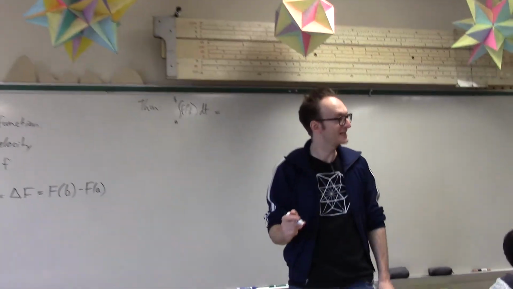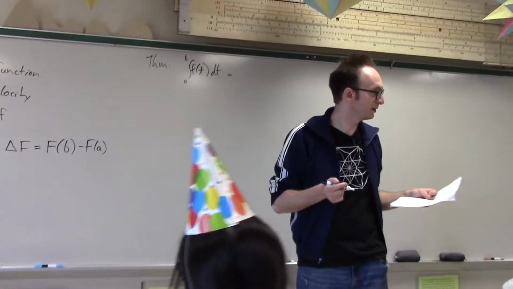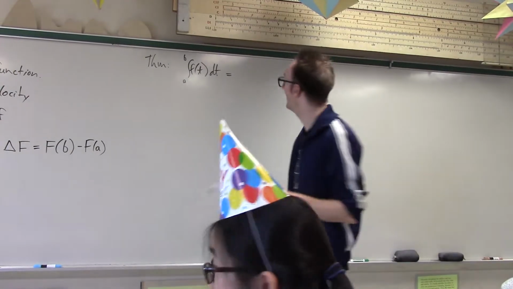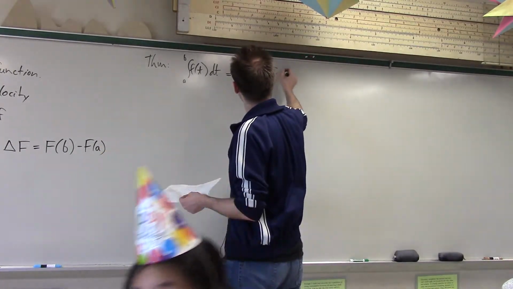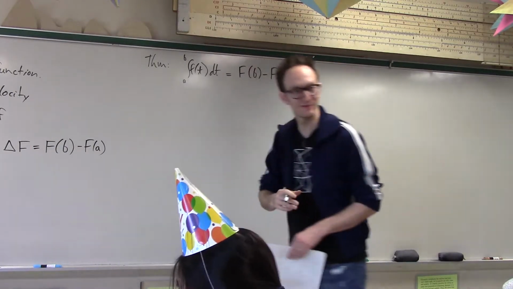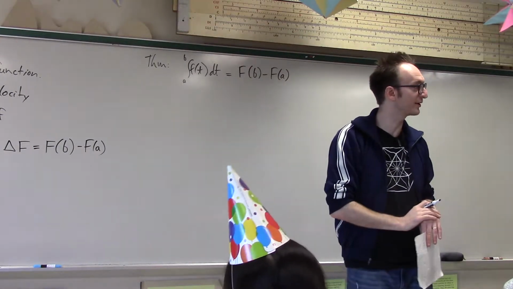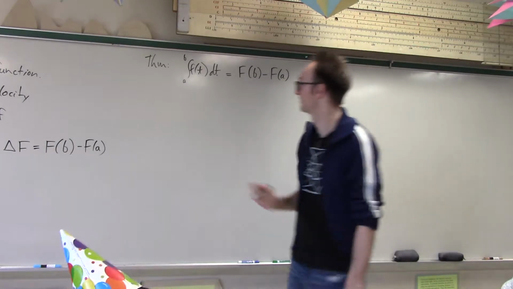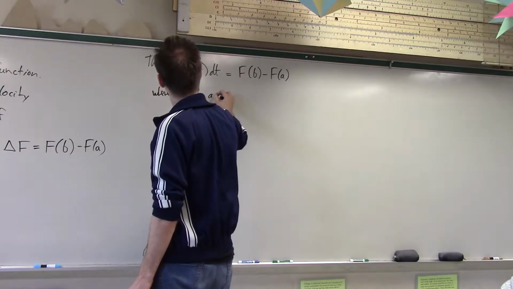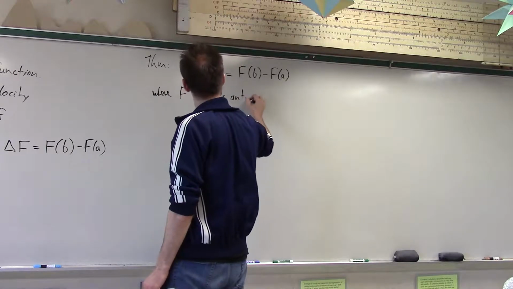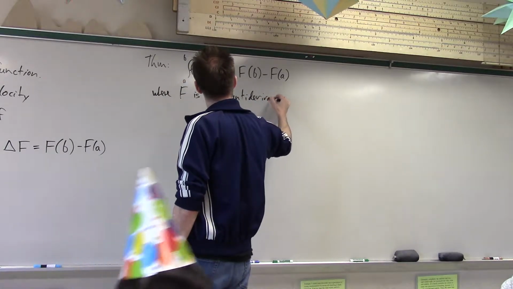Find yourself an antiderivative, if one is available, and simply evaluate that antiderivative at the upper limit of integration and the lower limit of integration and take their difference. Where big F is any antiderivative of little f.